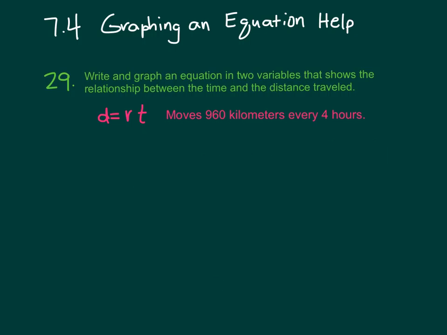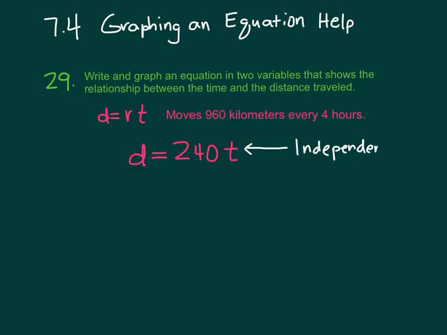Now I can start filling in what I now know. I have D, because I don't know the total distance yet. I also know my speed is 240 kilometers every hour. Do I know anything about my time yet? No. So now I have to figure out what my independent and my dependent variables are. My T for time is my independent variable because it's the one that can move.